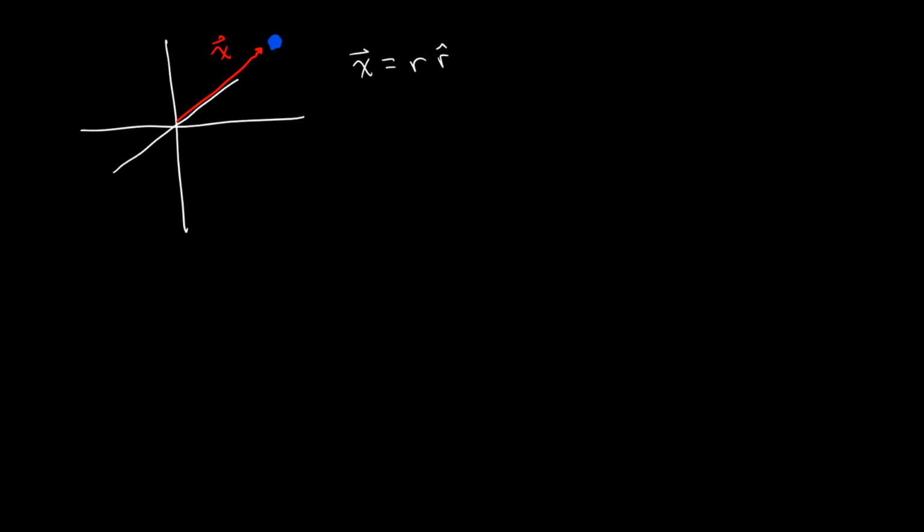So if we think back to our gravitational field, so I have something like this, and I have some particle out here, and this is going to be described by some position vector, which I'll call x. Or how about instead, in these spherical coordinates, I can say that my x vector is r times r hat. It's only in this radial direction.